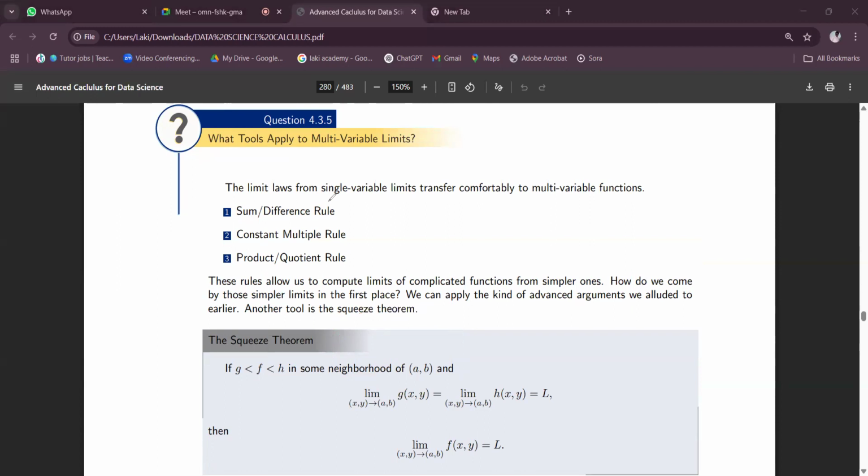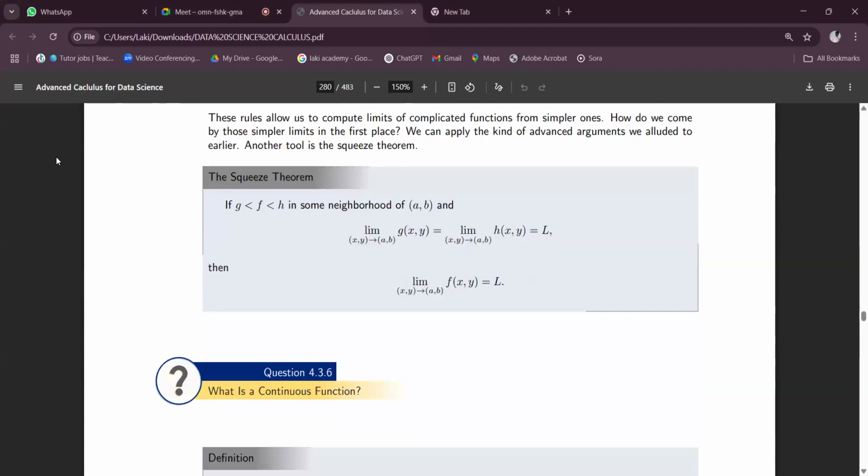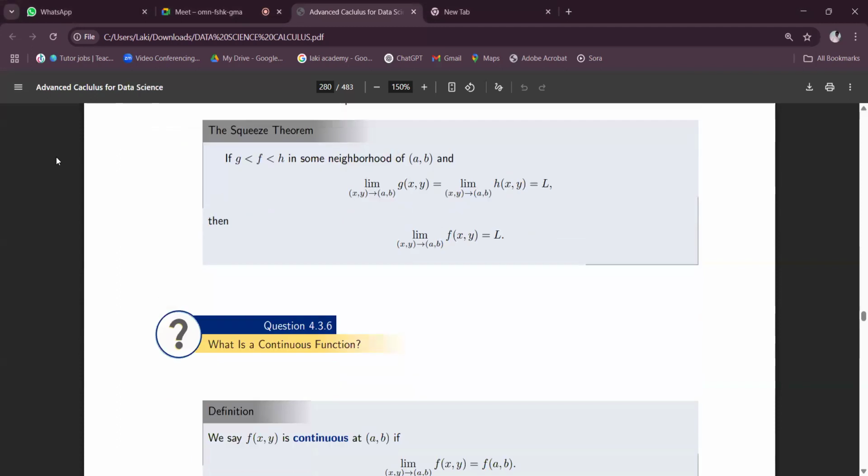See, the sum and difference rule, constant multiplication, product rule, and quotient rule are the same as you have learned in one variable. Let's suppose three functions are there.